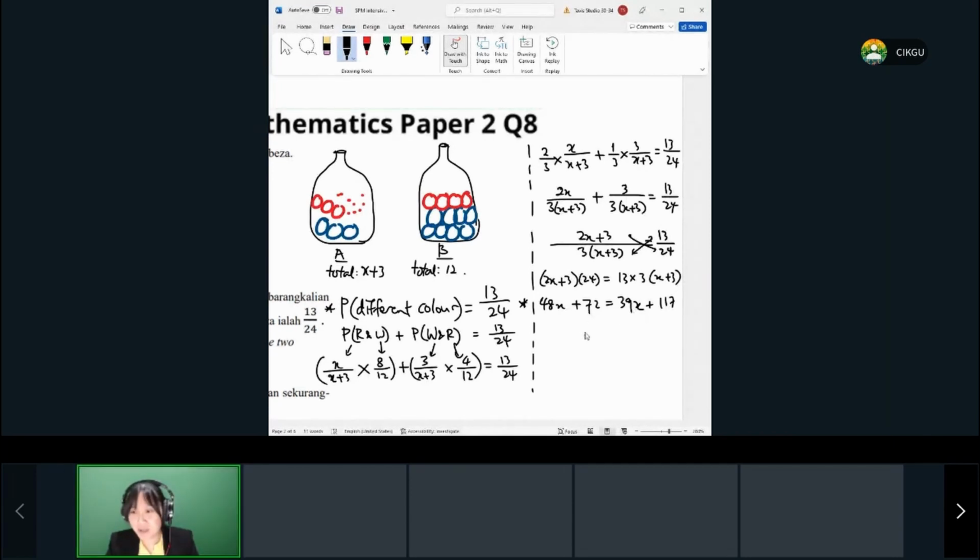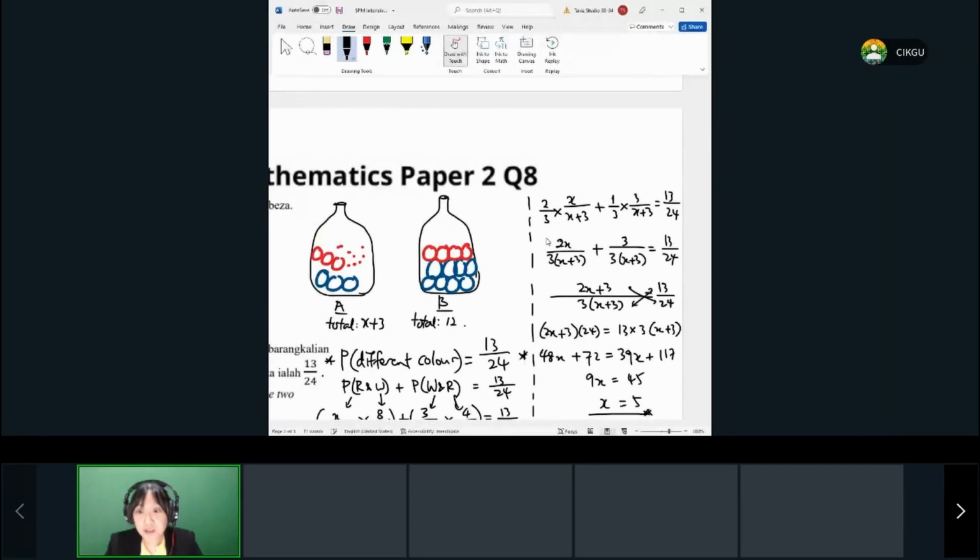Then from here, balance the equation: minus 39x, minus 72. Let me speed this up. I'll get 9x equals, this one goes to the other side, 45. Done. So x equals 5. Yep, I get this answer.